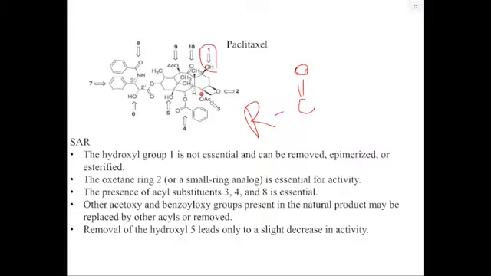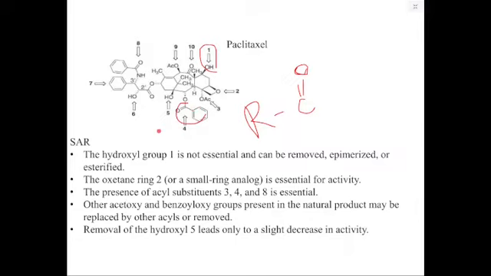At position 3, we have an acyl substituent there. At position 4, again, we have an acyl substituent, our R, C double bond O. A phenoxyl group there is also an acyl substituent.